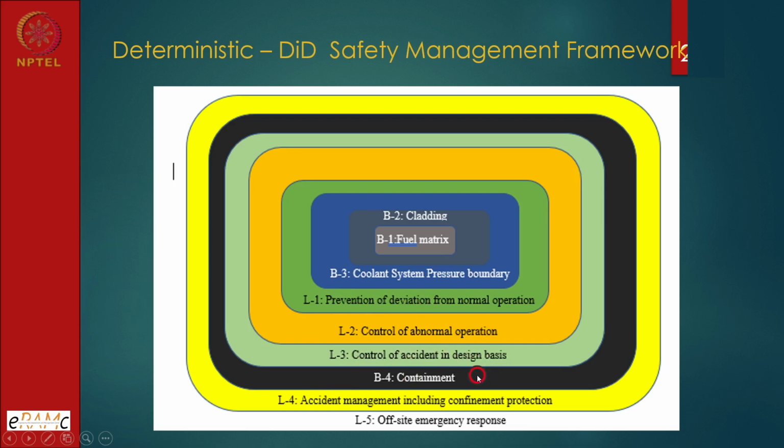Design basis means the plant is built and its design basis is made, and accordingly provision exists for safety systems, safety requirements, and that is called the design basis accident. So how are we controlling the design basis accident from propagating into beyond design basis? If it goes beyond the design basis, then accident management program and confinement, and then last is offsite emergency response.